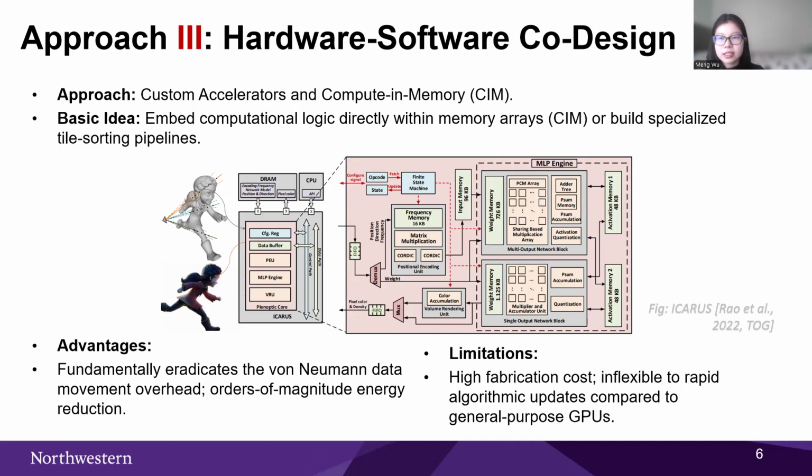The defining advantage of CIM is that it fundamentally eradicates data movement overhead, translating to orders of magnitude reductions in energy consumption. The limitation, practically speaking, is the high cost and complexity of fabricating specialized silicon, meaning in the short term, we mostly rely on FPGAs or embedded neural processing units, namely NPUs, for deployment.